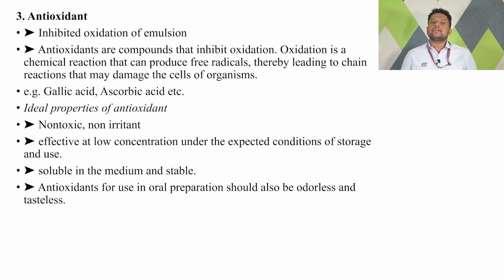Oxidation is a chemical reaction that can produce free radicals, thereby leading to a chain reaction that may damage the cells of organisms, or it becomes an unstable emulsion. Antioxidants are compounds that inhibit oxidation. Examples: gallic acid, ascorbic acid, etc.